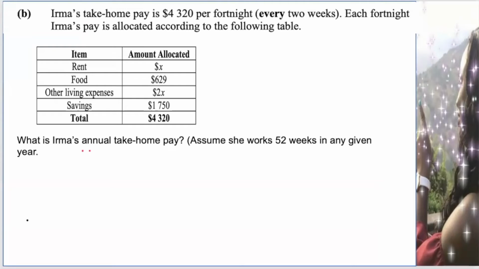Since I want the annual take-home pay, the first thing I have to find out is how many fortnights Irma works. Since it's 52 weeks in a year, but you're paid every 2 weeks, I'll divide this by 2 and my answer will be 26, and it means I work 26 fortnights.